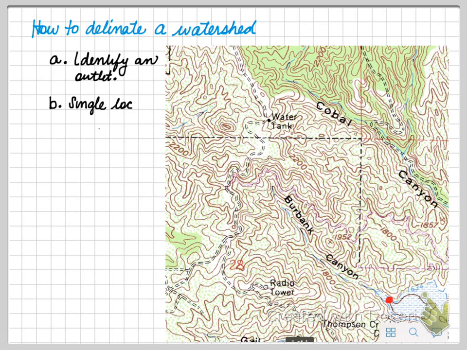Next, in order to delineate the watershed, you need to determine the number of locations that you're interested in. You may be interested in a single location, for example, at a bridge or a confluence. We all have seen bridges over waterways, but do you know what a confluence is? A confluence is where two streams meet. That location is called a confluence, as shown in the topographic map.